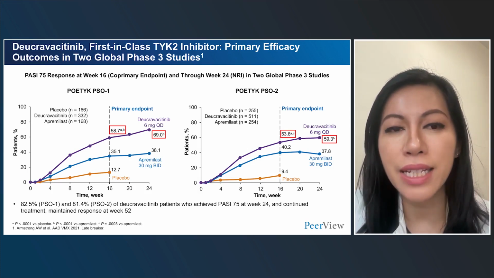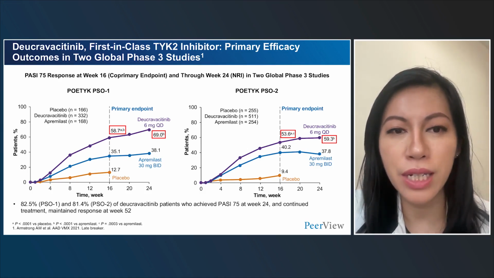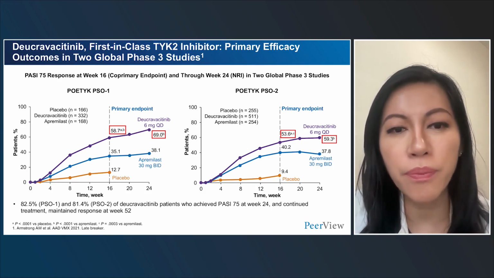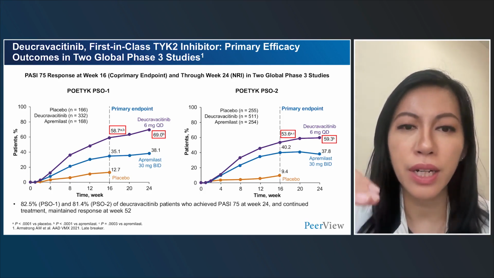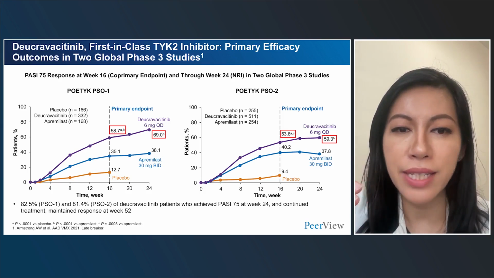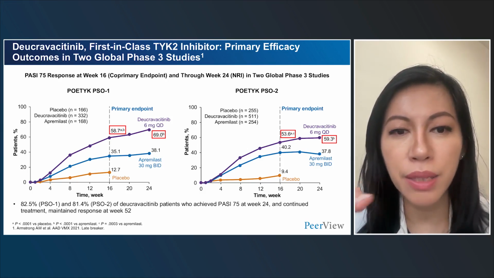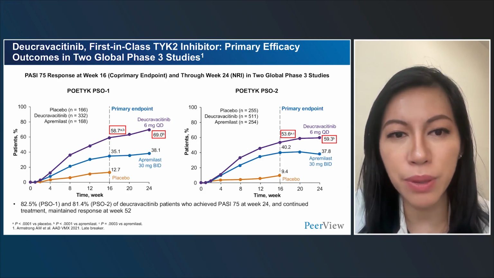So here we're looking at the phase 3 pivotal studies. There were two sister studies, POETYK-PsA1 and POETYK-PsA2. They are identically designed up to week 24. And what you see, if we look at POETYK-PsA1 here, is on the left-hand side, you see three lines. The top line represents deucravacitinib, the middle line represents apremilast, and the orange line represents placebo.